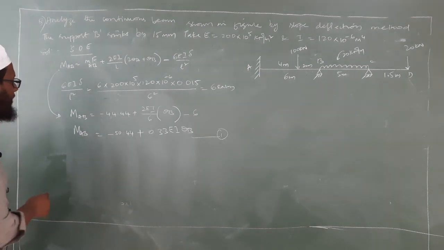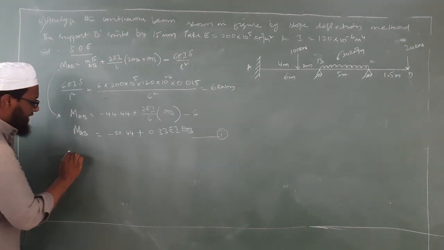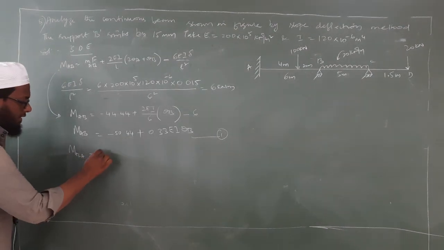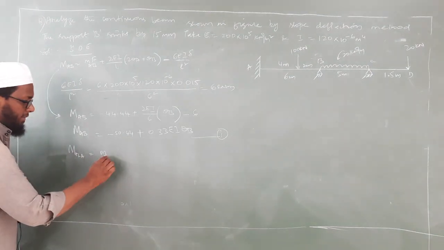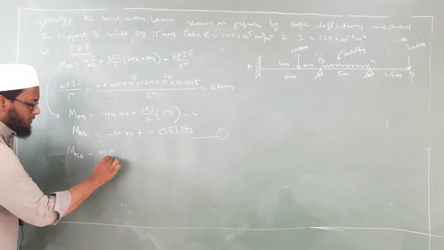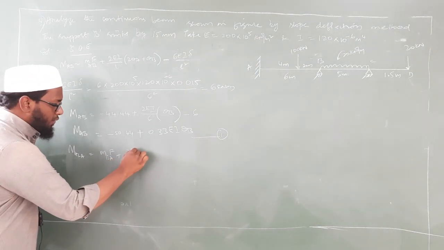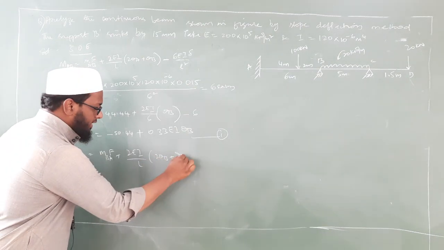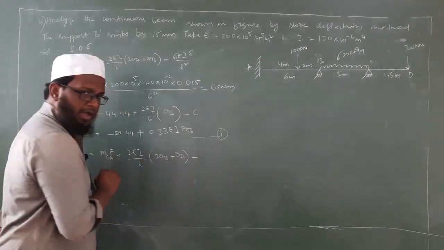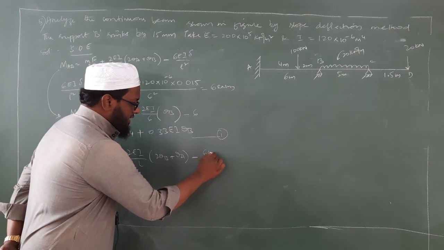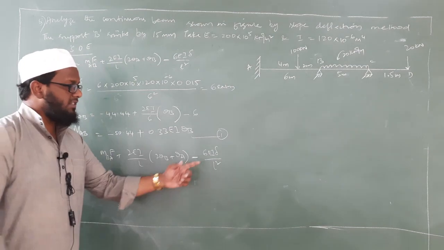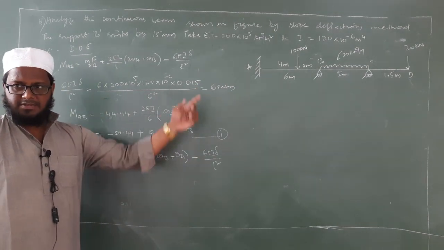Right. Now we'll go for the next equation, that is MBA. So MBA is equal to MFBA plus 2 EI by L into 2 theta B plus theta A, again minus 6 EI delta by L square. So this value is the same for this one also, same 6 EI delta.